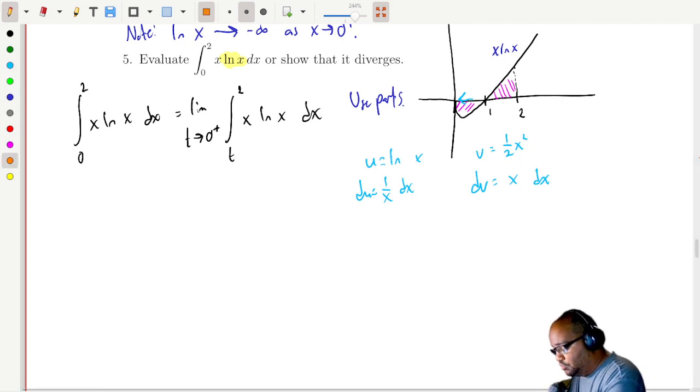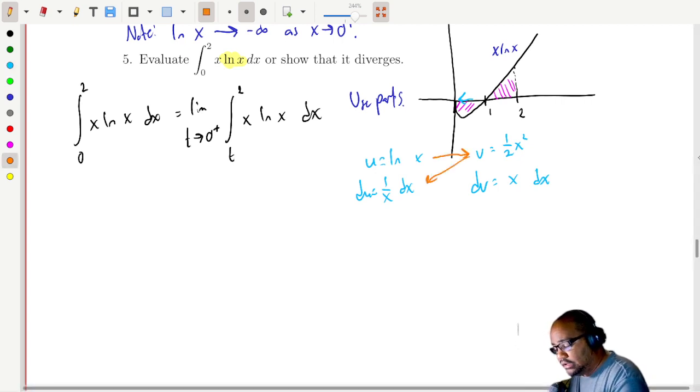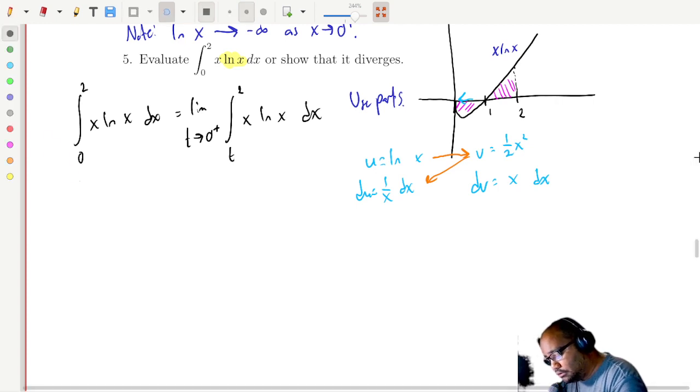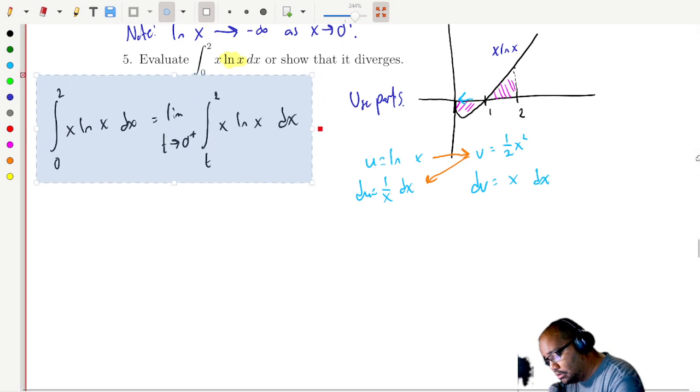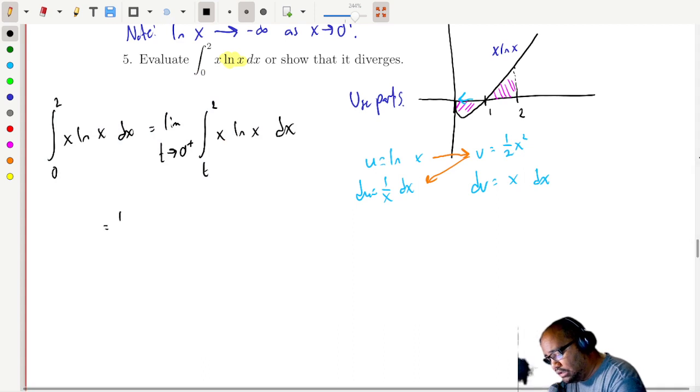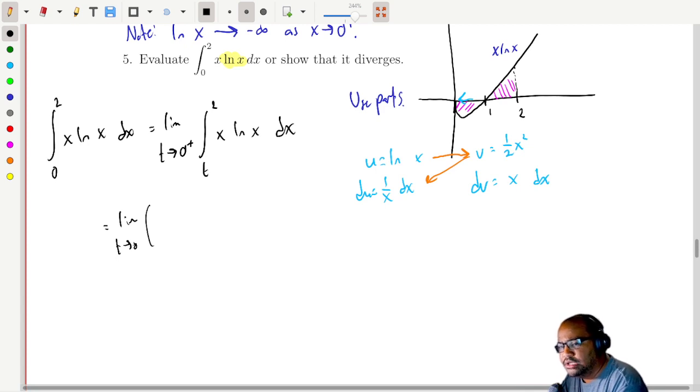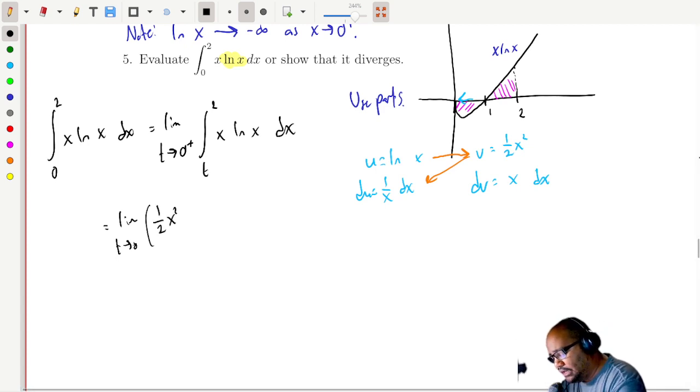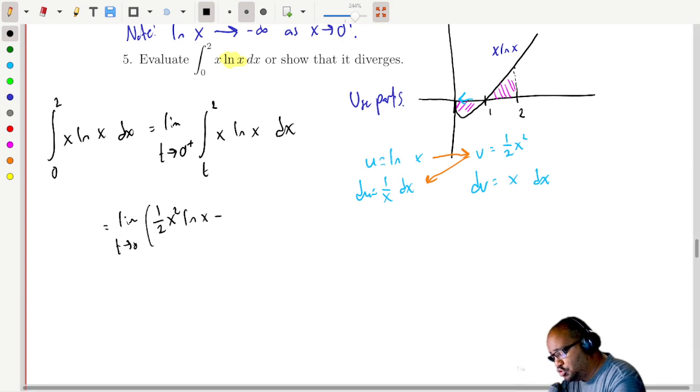Okay, and now as usual, we follow the integration by parts formula. So now we have the limit as t approaches 0 of u times v, so 1/2 of x squared log x, evaluated on the boundary, and then minus the integral of v du.